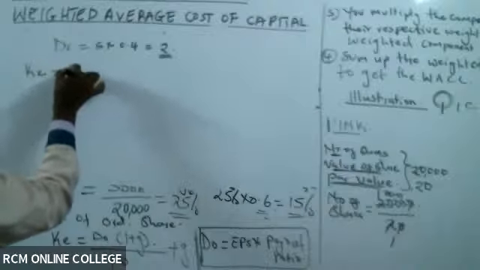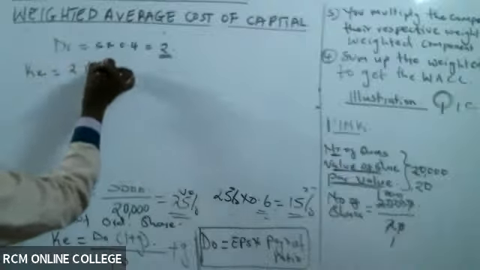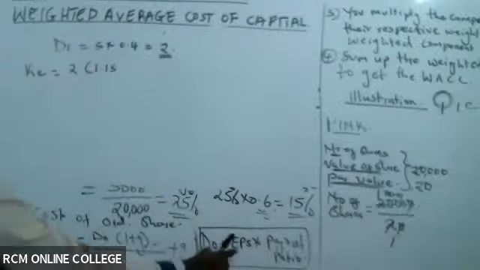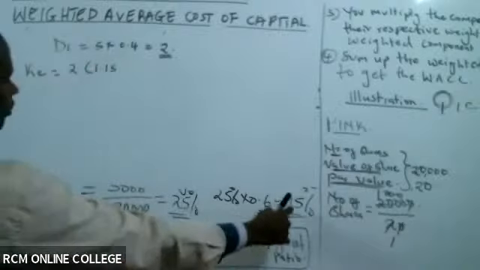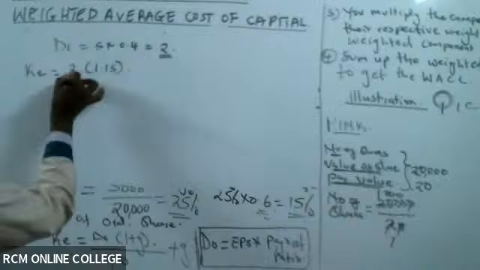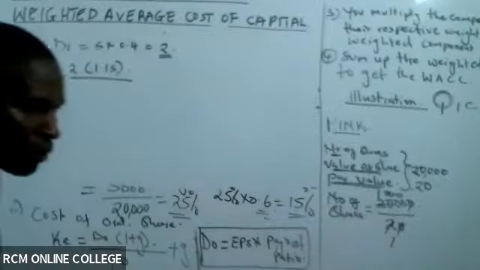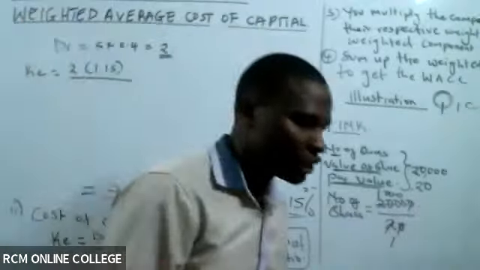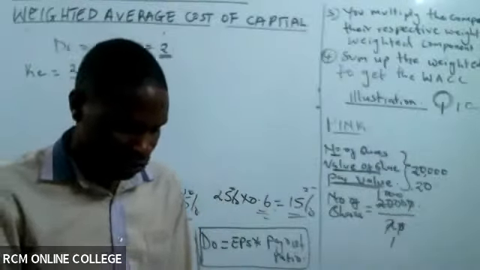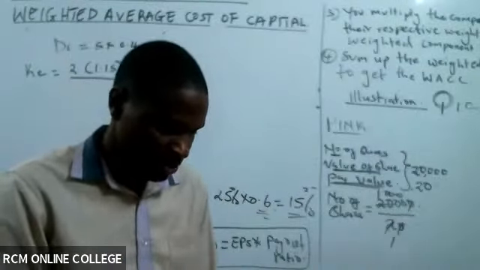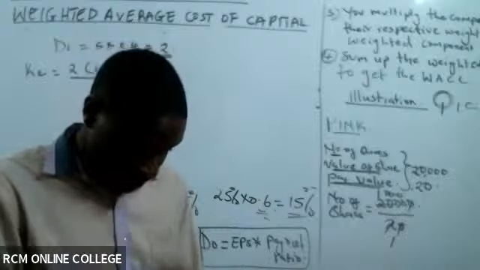Now let's get the Ke. Ke will be equal to 2 into bracket 1.15, divided by P0. What is our P0? The market value of the ordinary share. Just go to the question's additional information and listen to what the examiner says.